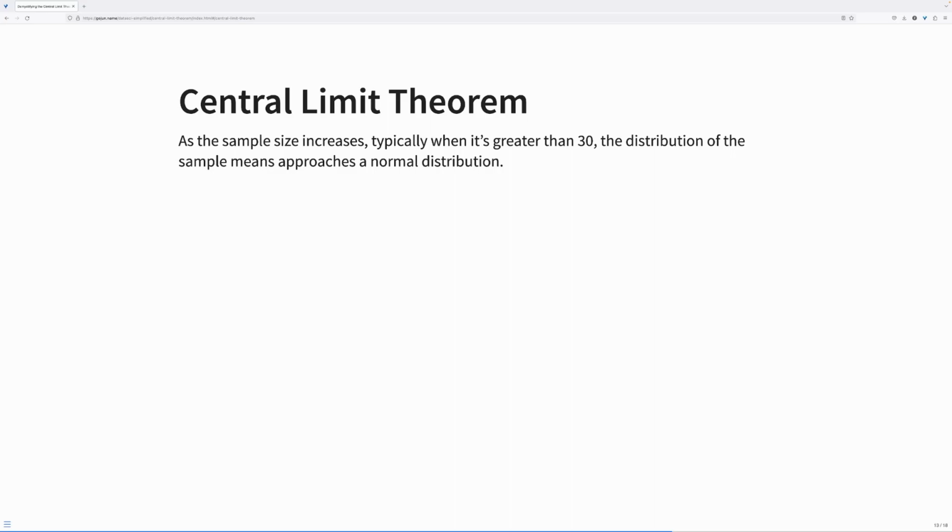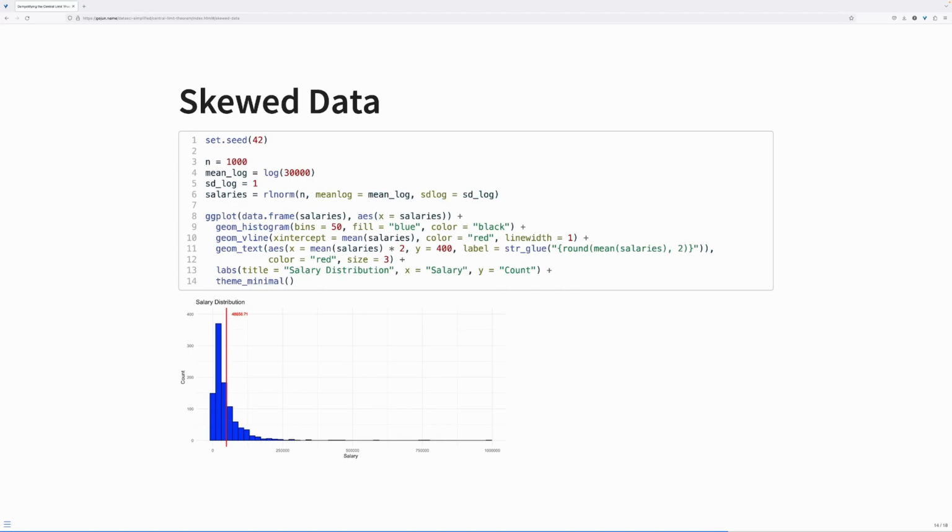So you may wonder, does it apply to any distribution? What if we have a very skewed data set? Here we've used a log normal distribution to mimic real world salary data, which tends to be skewed to the right because there's no upper limit on high salaries. When you look at that, we calculate the population mean, which is 48,000.